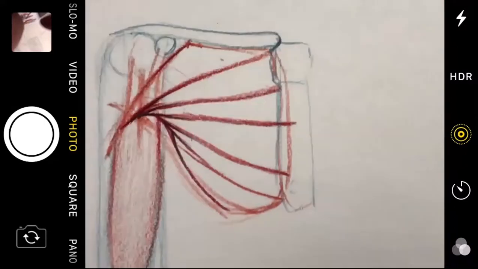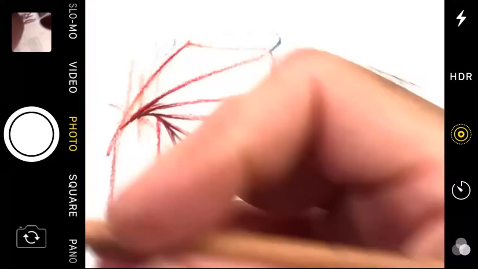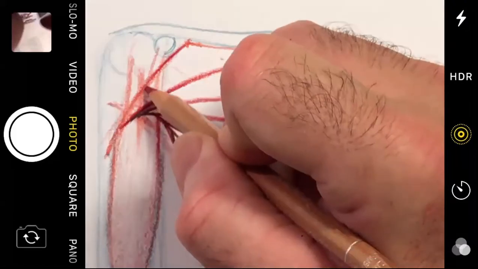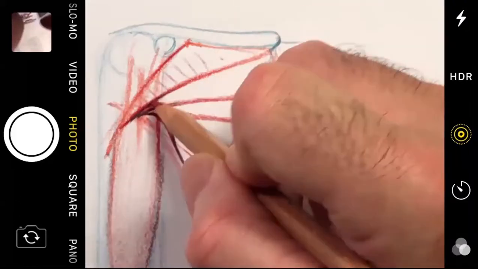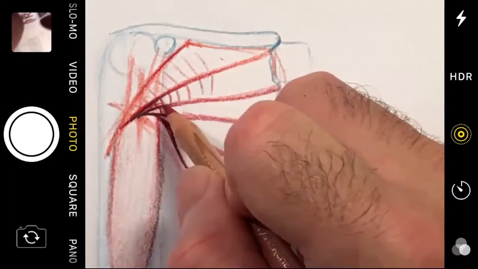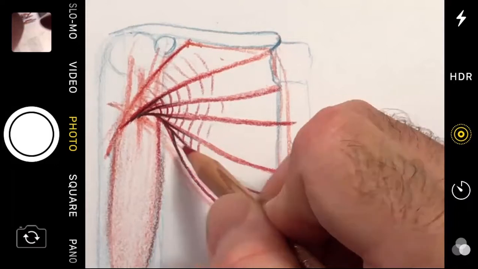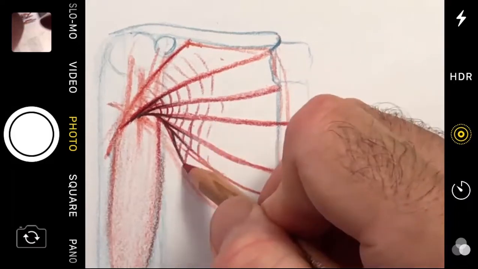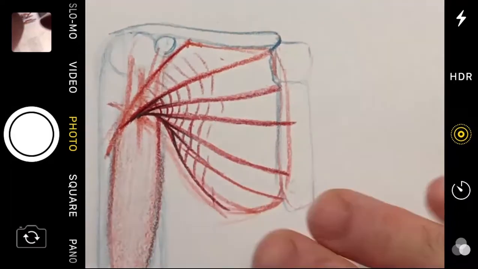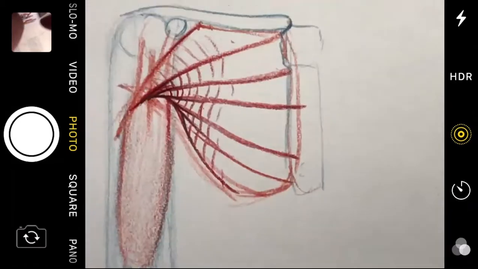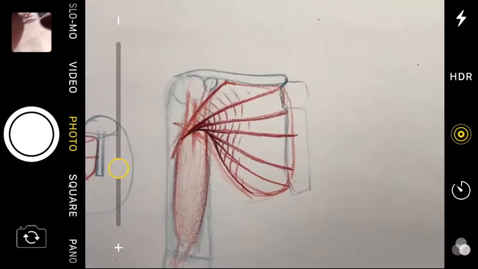So if I want to draw a section here, I'm going to have this. Makes sense. It kind of twists, right? That's a typical arrangement of the fibers of the pectoralis, right?